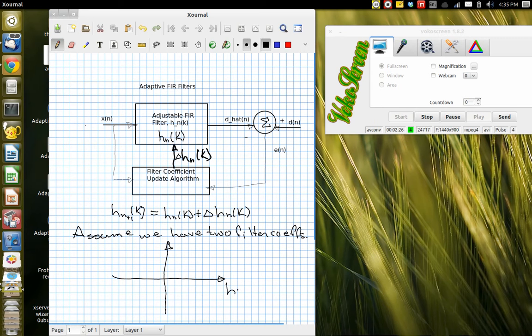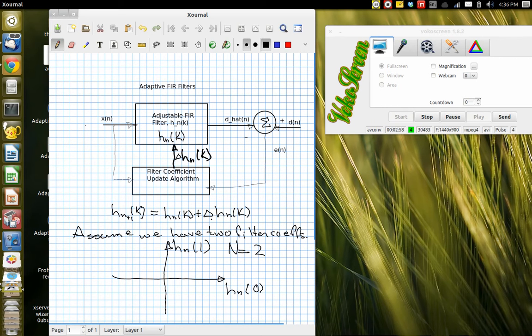So here's the one axis, here's the other axis. This axis here would be h sub n of 0, and this one up here would be h sub n of 1. K takes on the values 0 and 1, and capital N will be the number of coefficients, which in our case is 2. So suppose we wanted to try and make this feedback and control system work.